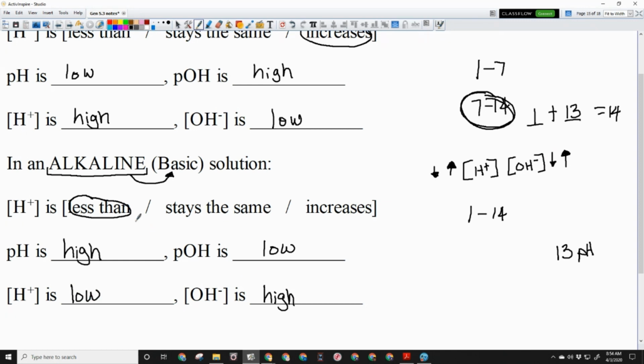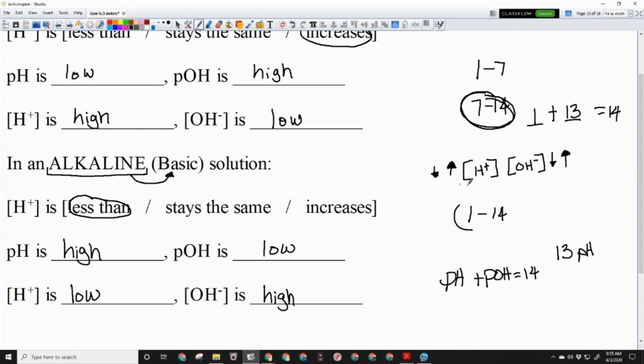Okay, so always think about the pH scale, 1 to 14. This pH is where we get the numbers on the pH scale. It comes from the hydrogen ion concentration. So pH plus pOH is equal to 14. When you add those together, these are in a balance.